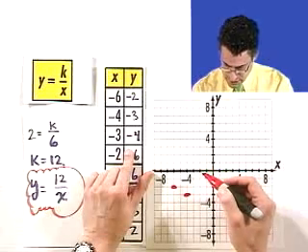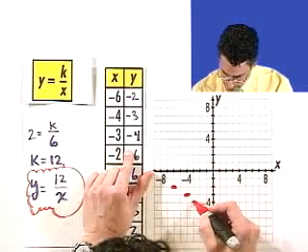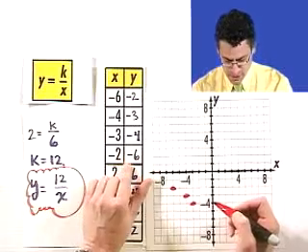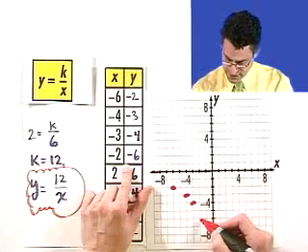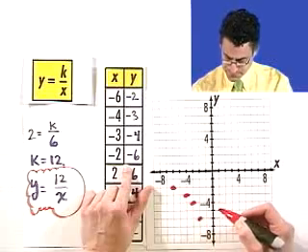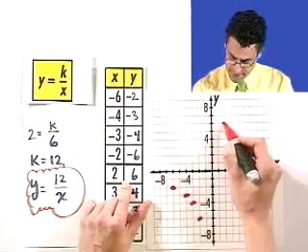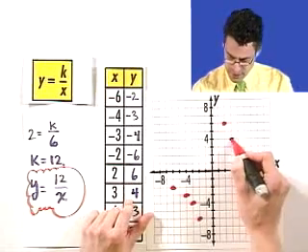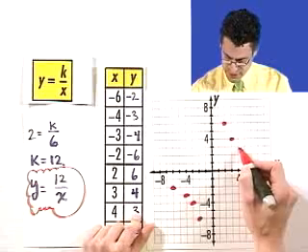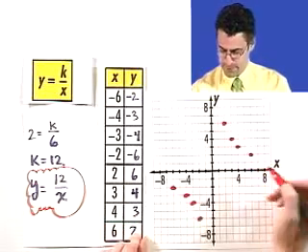Negative 2, comma negative 6. Then we do a jump here to 2, comma 6. 3, comma 4. 4, comma 3. 6, comma 2. So what does it look like?